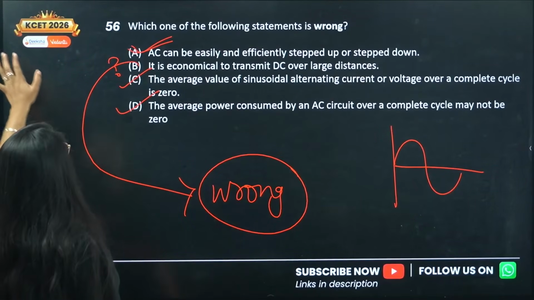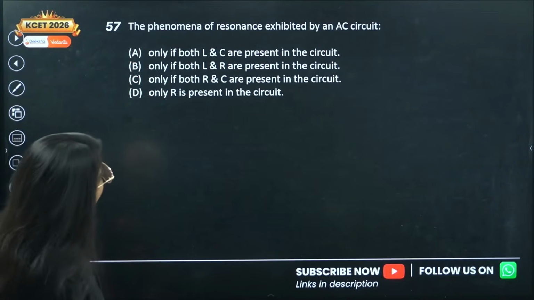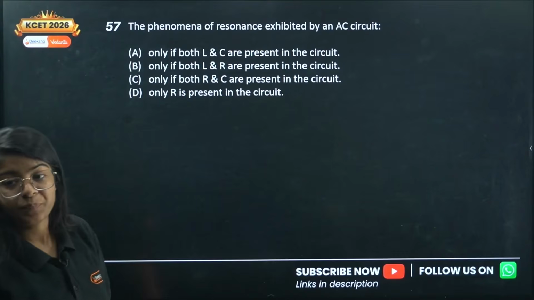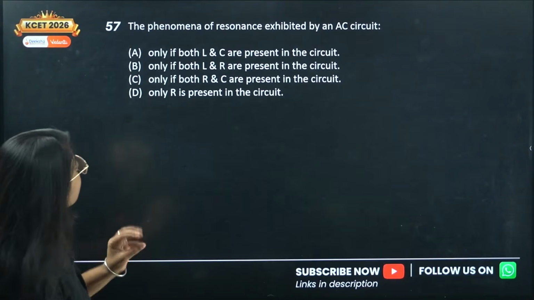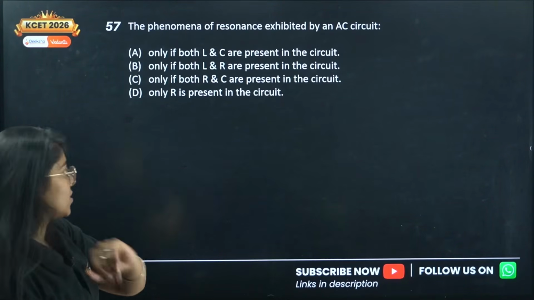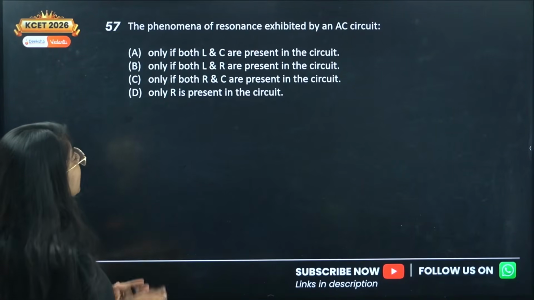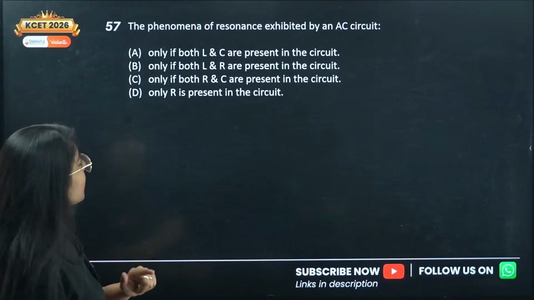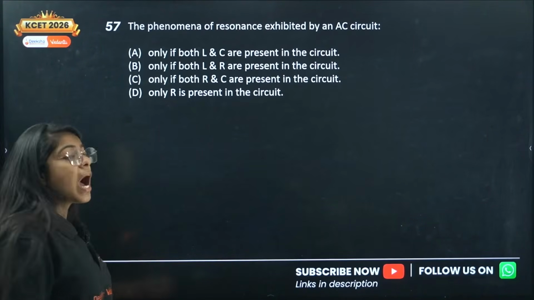Okay, 57th question, the phenomenon of resonance is exhibited by an AC circuit only if both L and C are present in the circuit, only if both L and R are present, only if both R and C are present, only R is present.